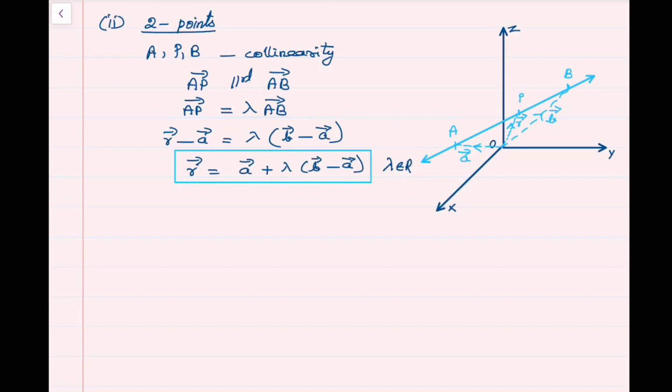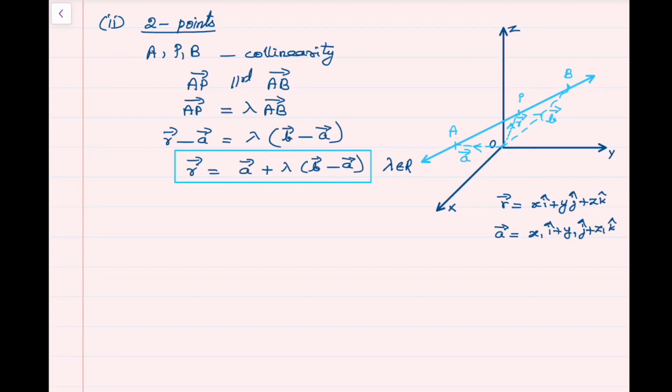Let us derive the Cartesian equation of a straight line. We will take vector R as x i cap plus y j cap plus z k cap, and vector A, which is the position vector of the given point A, as x1 i cap plus y1 j cap plus z1 k cap.